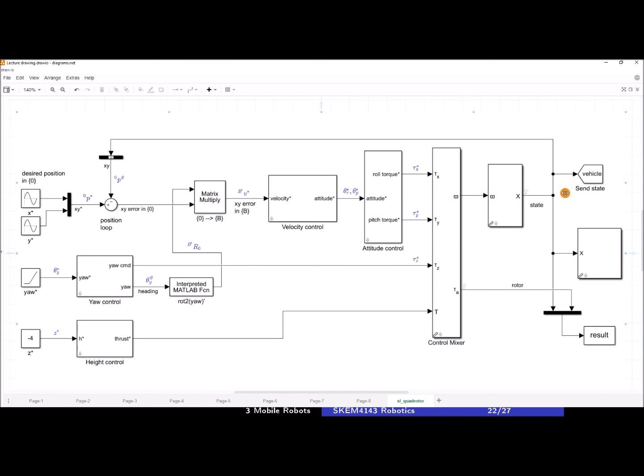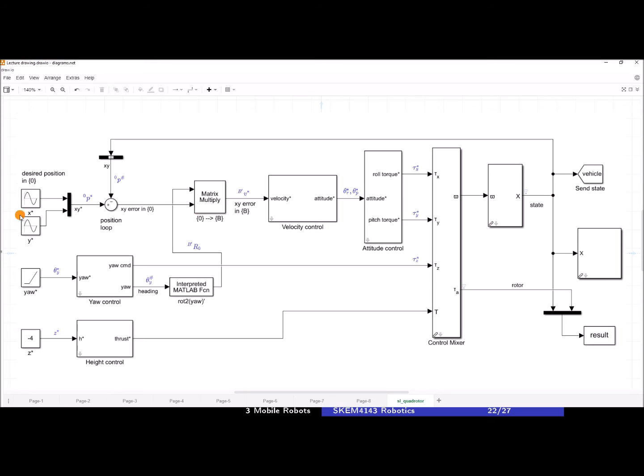We have the x position, y position, z position, x velocity, y velocity, z velocity. We have roll angle, pitch angle, and yaw angle, and the derivatives, which means the roll rate, the pitch rate, and the yaw rate, or the angular velocity. So 12 outputs here, representing the state of the quadrotor.